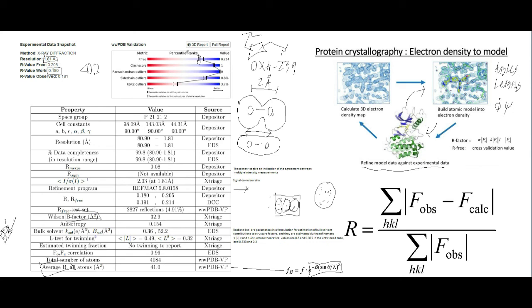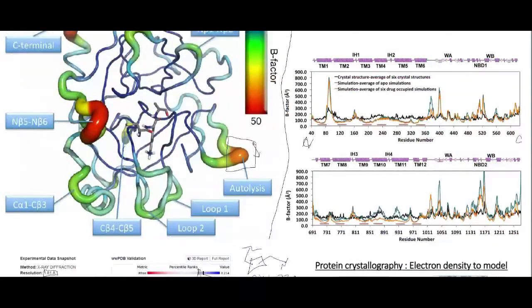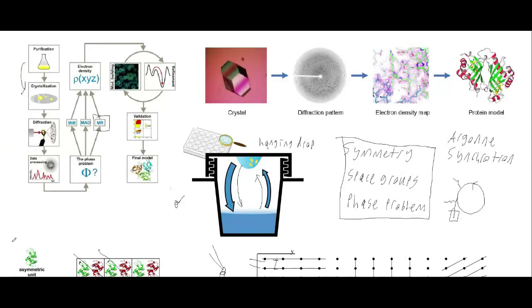And so you can see these percentile rankings for my protein, which I will actually take a look at in a program called Coot in a minute. But first, let's do a quick little recap of what we went through here.